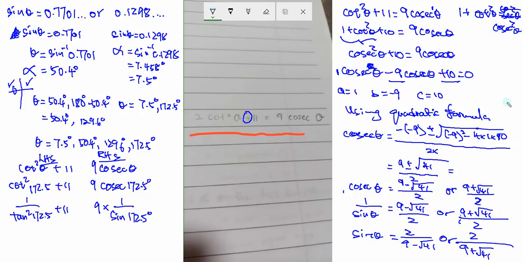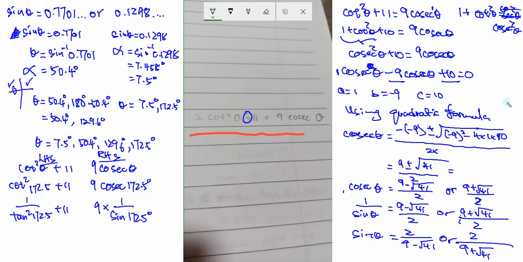If this is not a mistake, then you have to do it using the quadratic formula. Now let's check. 1 divided by tangent 172.5, then you square the number, then you plus 11.